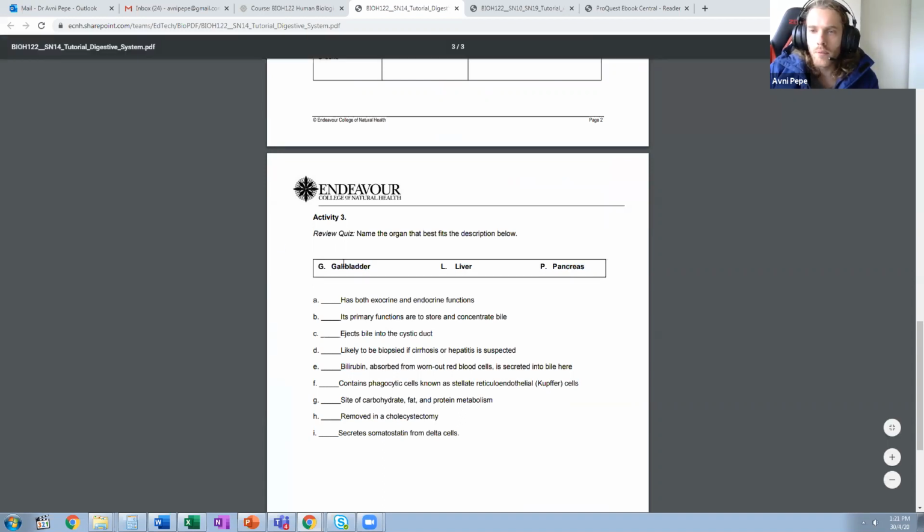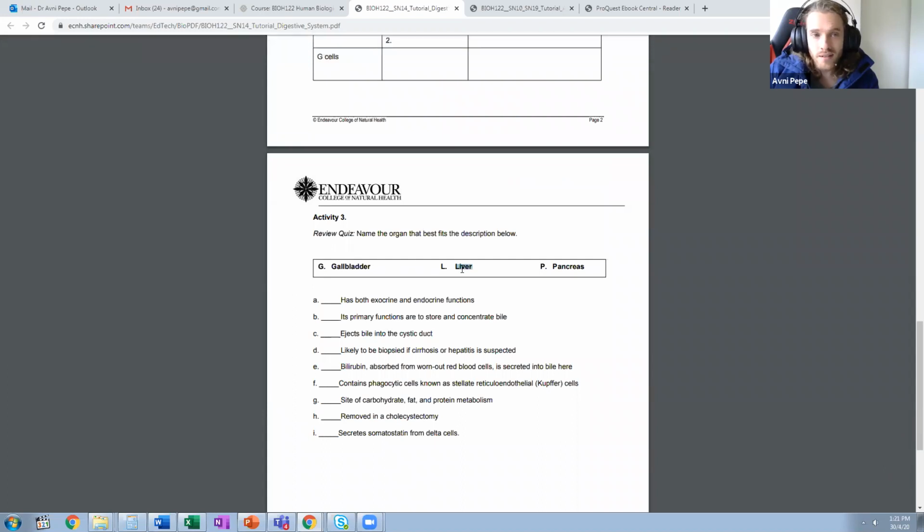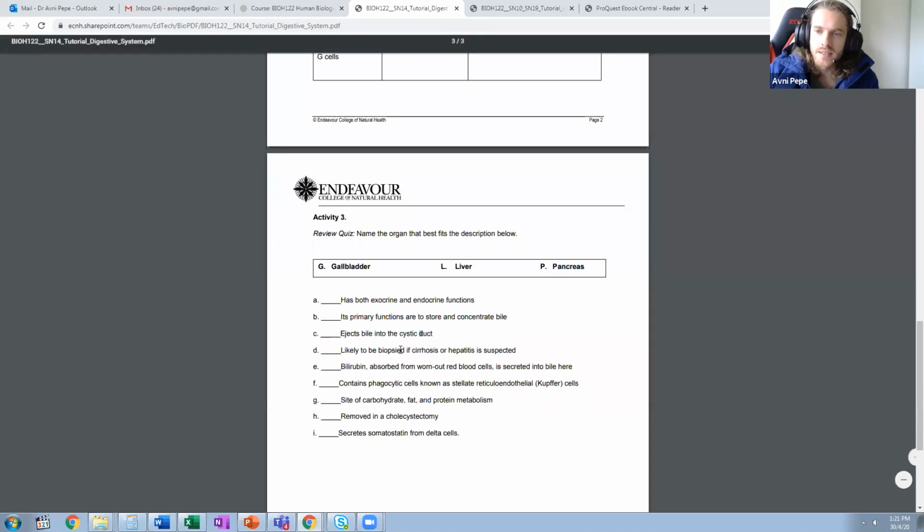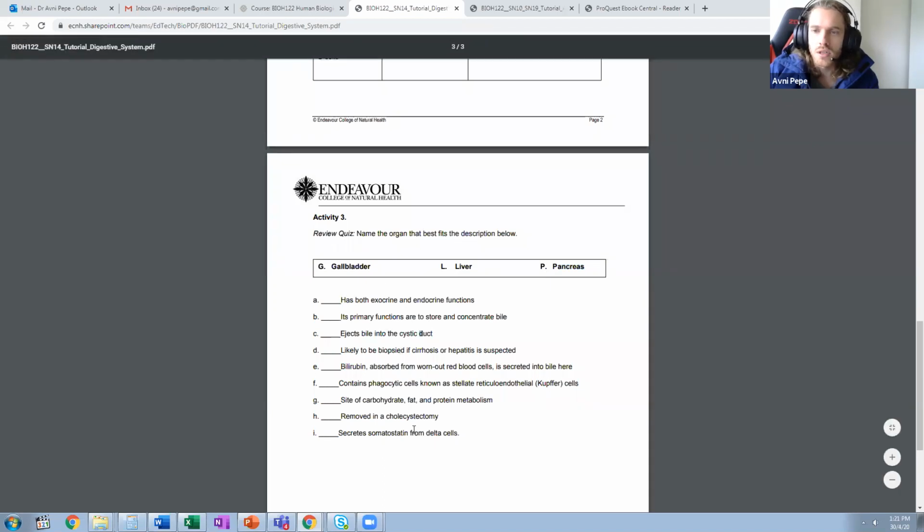We've got the gallbladder, which we know stores bile, which is produced by the liver. Obviously, the liver is a powerhouse of enzymes. And we've also got the pancreas, which also releases enzymes that will aid in digestion. So we have to link which one of these relates to these different descriptions.